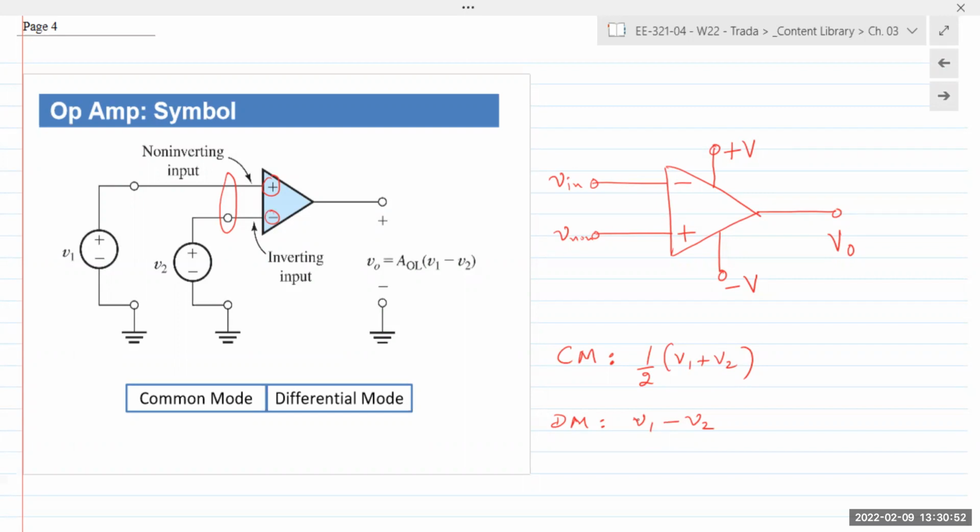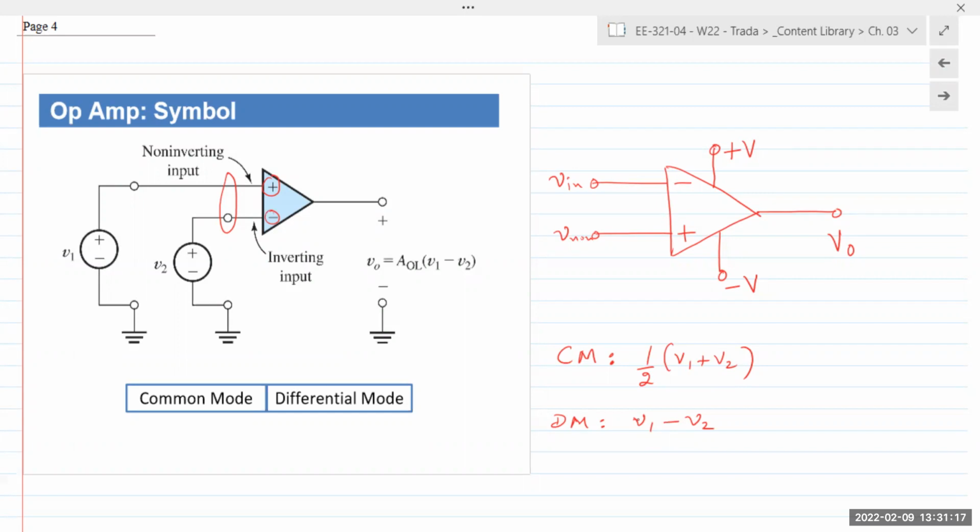But any noise signal present in the surrounding cables or in the air will be common to both terminals. So that noise signal would be the common input, whereas the fixed signal and the incoming input signal would be the differential input. Does that kind of make sense?